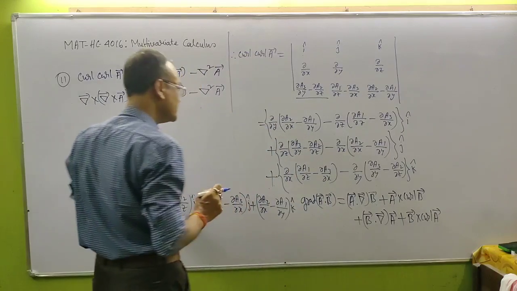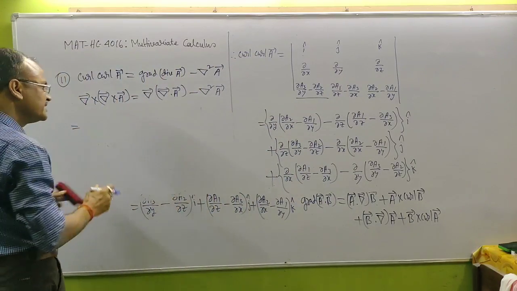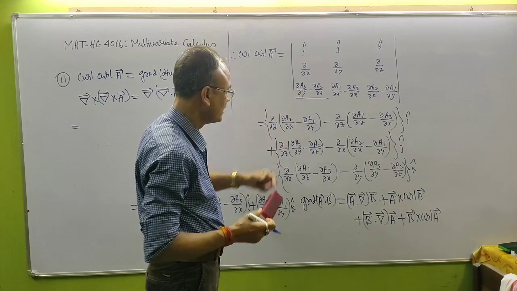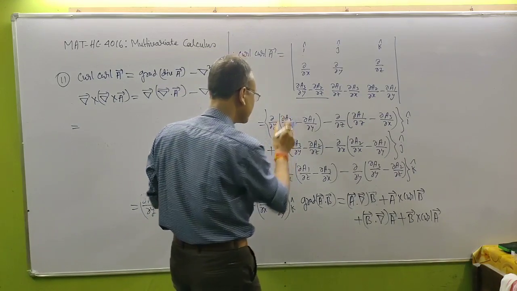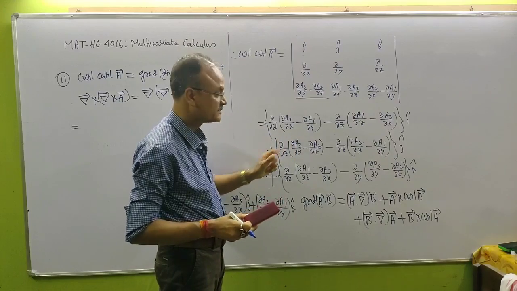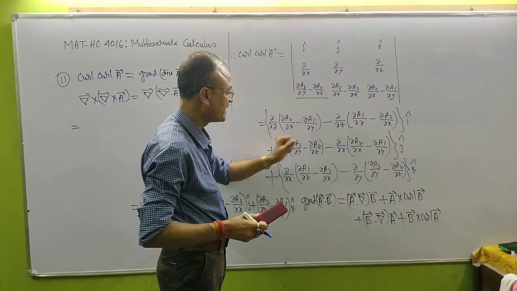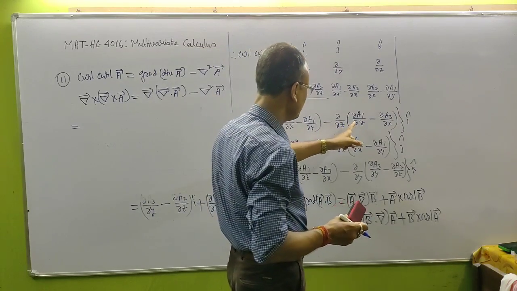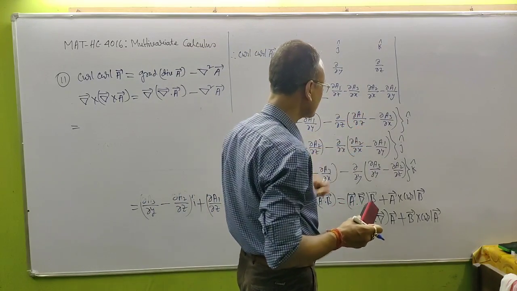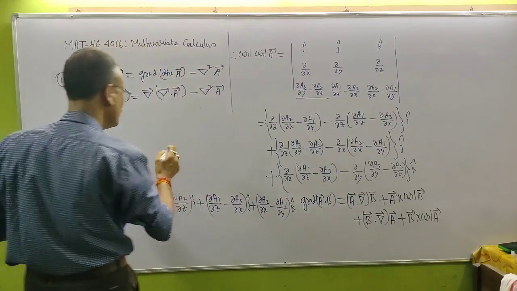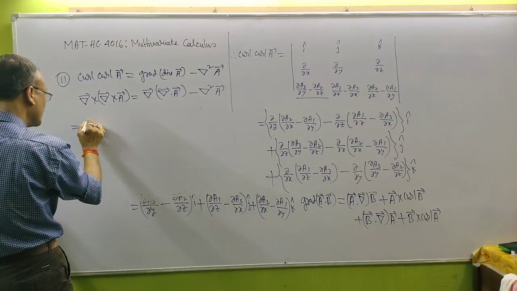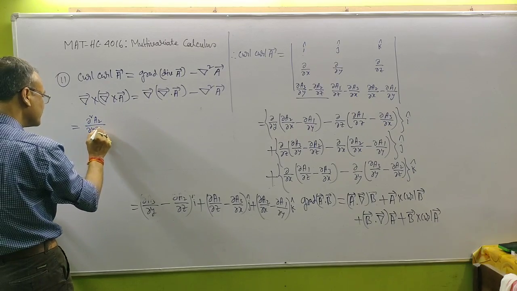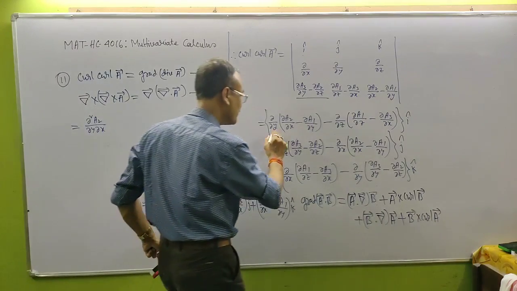Let me calculate this one. This is equal to, you see, del square A2 by del y del x minus del square A1 by del y square. It will be del square A1 by del z square also. You should write here del square A2 by del y del x. First write this one.